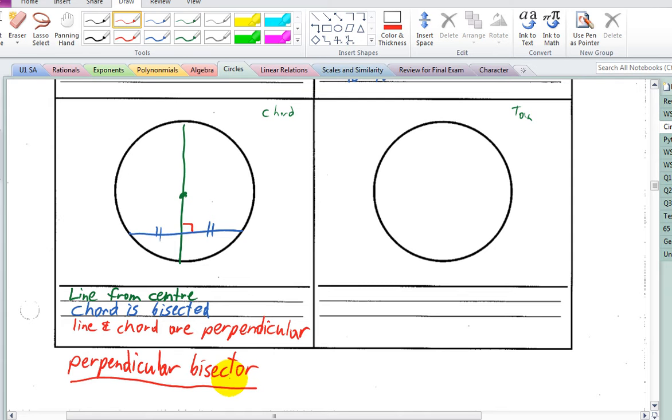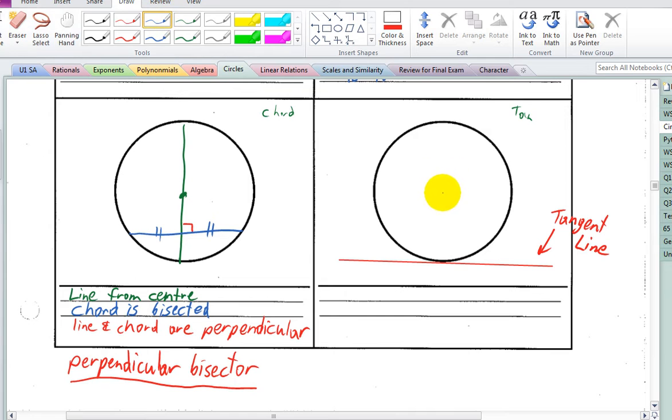Okay. Now our last one today is called a tangent line. So a tangent line is a line that touches the circle in only one spot. So touch right there. Okay, this here is a tangent line. And you do more work with those later and do some more investigations in higher level math.